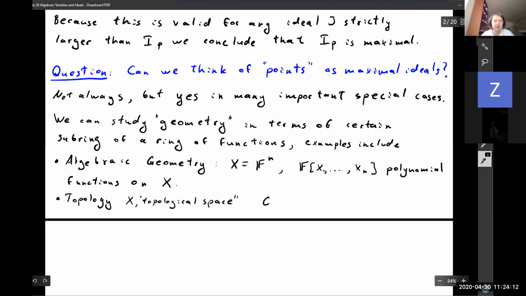So let's look at C(X, R), continuous real-valued functions. And this algebra can tell us a lot about the underlying topological space.